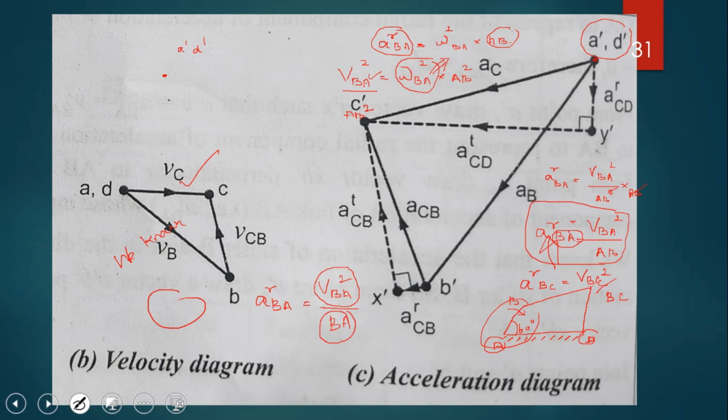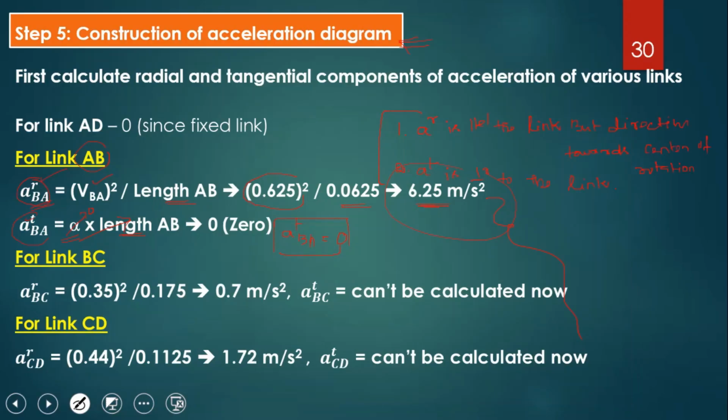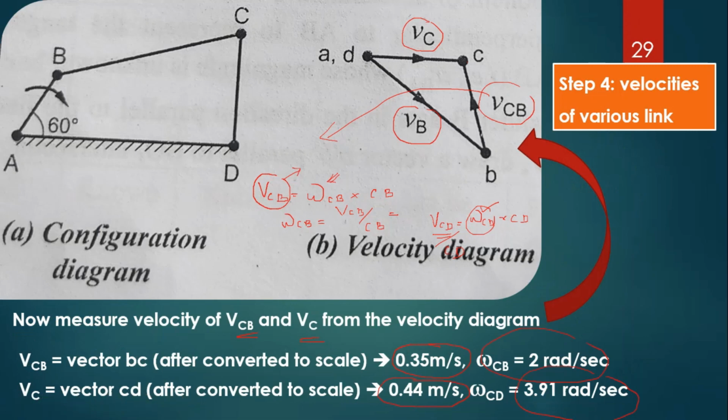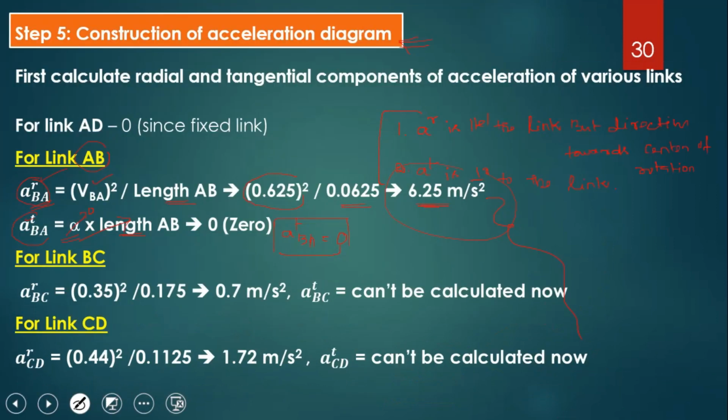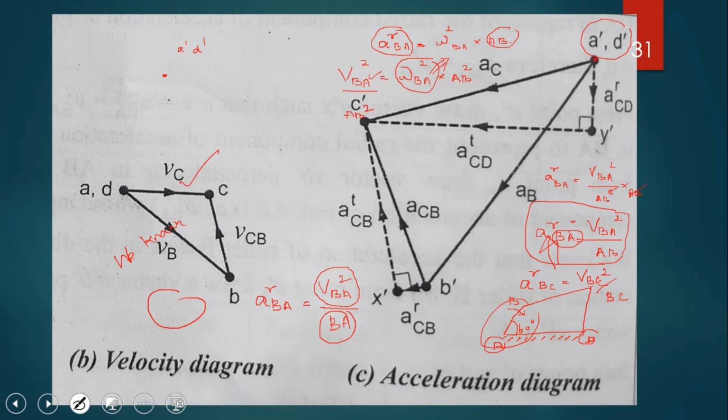So what is the direction? The direction is towards the center of the rotation. Here, for the link AB from A to B, the cursor moves from bottom to top. So the centripetal component moves from bottom to top, because the direction is towards the center of rotation. So for point B with respect to A, we have to draw a parallel line but in the opposite direction for the corresponding link AB.